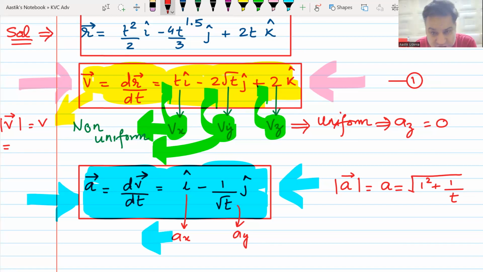It has 3 components, x, y, and z. Acceleration had 2 components, x and y. But you can easily find out the magnitude of velocity. Remember, this is instantaneous velocity, velocity as a function of time.